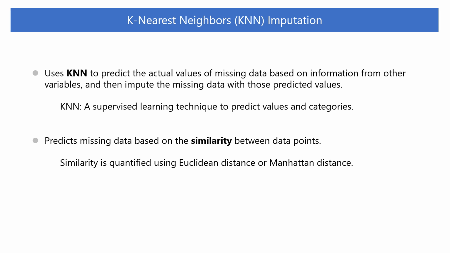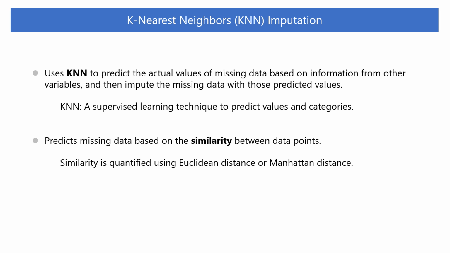K-nearest neighbors, KNN for short, is a supervised learning technique that can be used to predict values and categories. KNN imputation uses KNN to predict the actual values of missing data based on information from other variables, and then imputes the missing data with those predicted values.